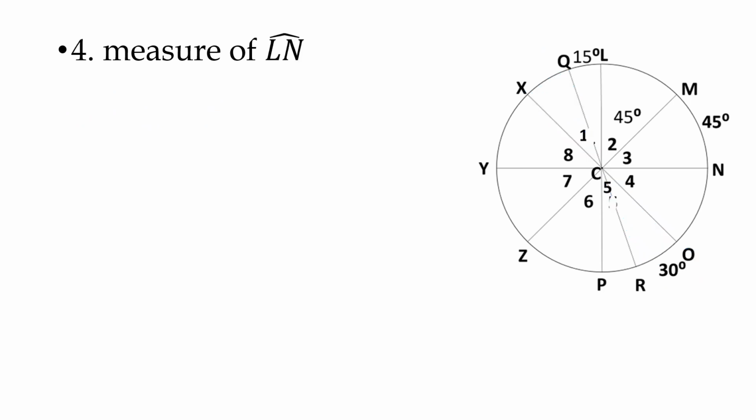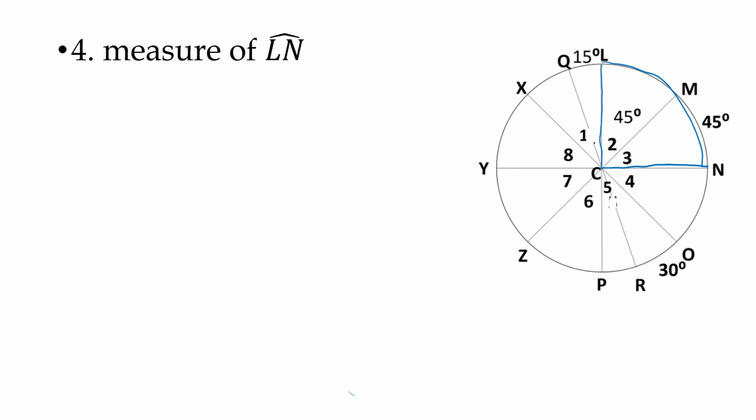Next, number 4, measure of arc LN. So LN, it is a minor arc. So what is the value of arc LN? As we can see, arc LN is intercepted by angle LCN, right? Is intercepted by angle LCN.